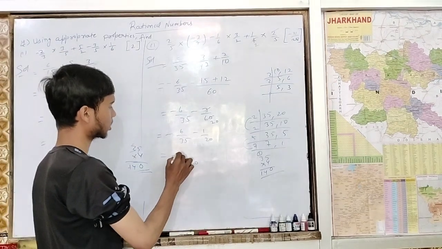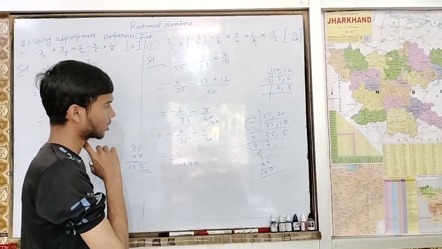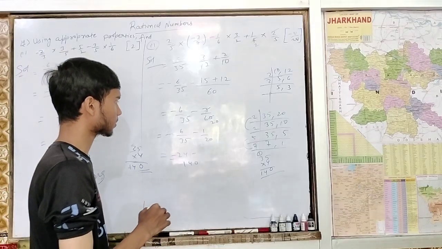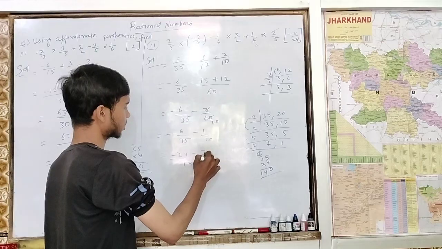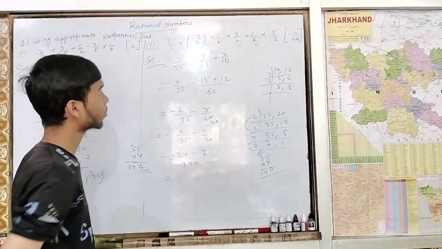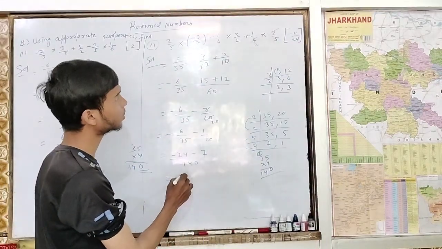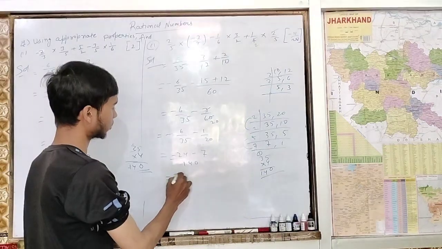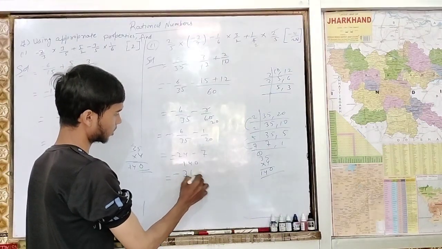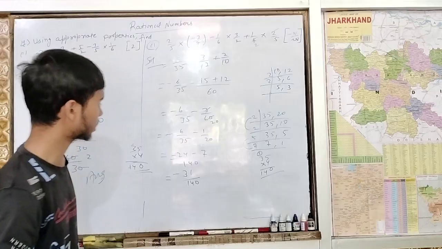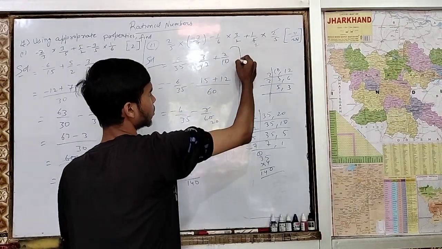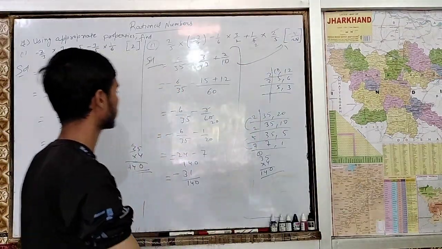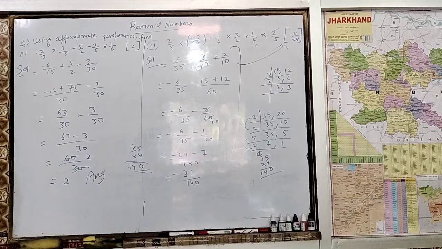So 6 4s are 24 minus 7s are. So 7 1s are 7. Now look at over here. It is giving you how much? Minus 31 upon 140. This much. This is for you. You will have to bring this much answer. Okay, this much answer. This is for you.